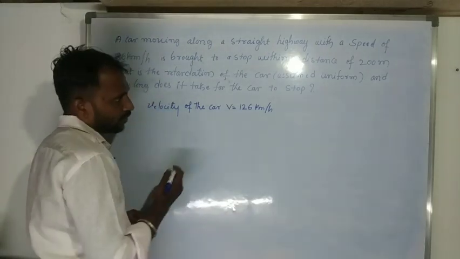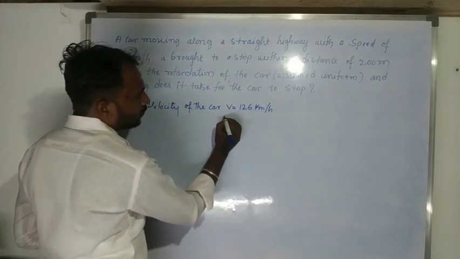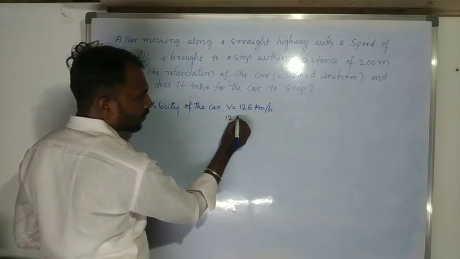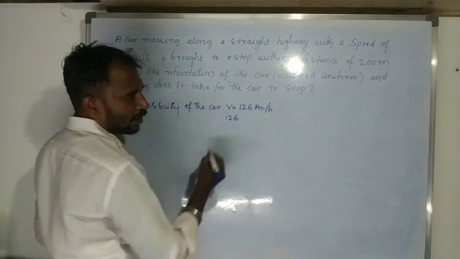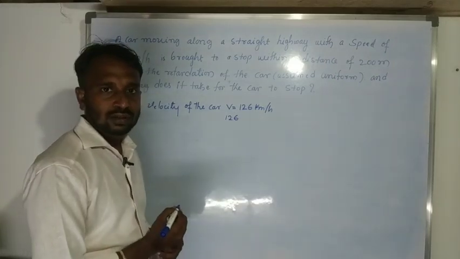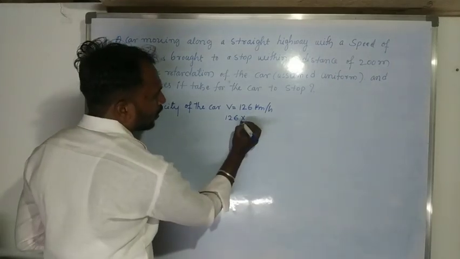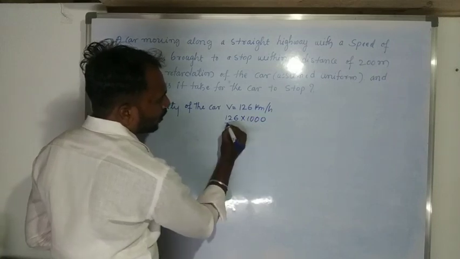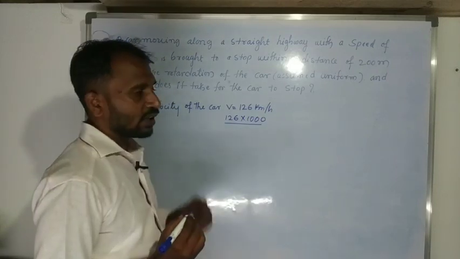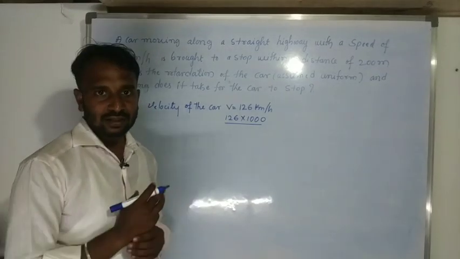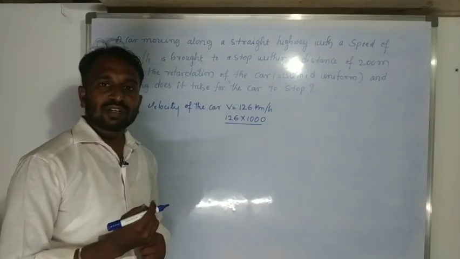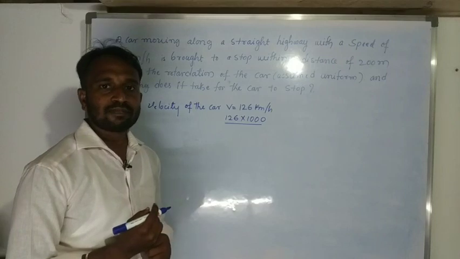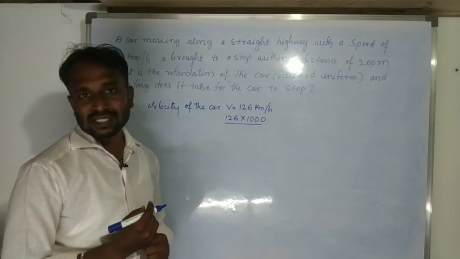So how to convert? Here 126, kilo means 10 power 3, it means 1000, divided by, so the hour is converted to seconds. 1 hour means 60 minute, 1 minute means 60 seconds.